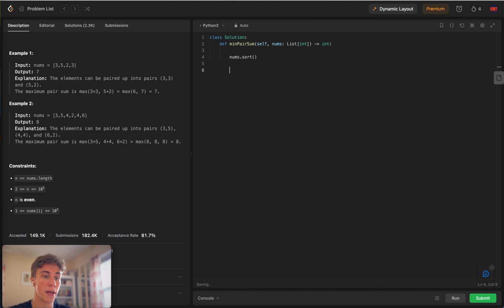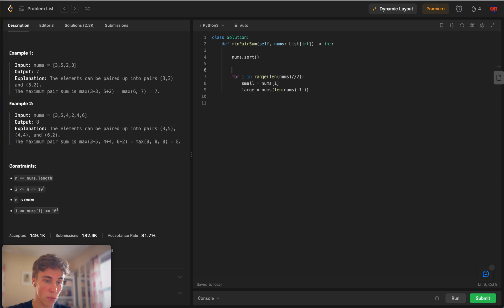I'm going to say that for i in range len nums divided by 2, we have a small that is equal to nums[i] and a large that's equal to nums[len(nums) - 1 - i]. So we have the small value and the large value.